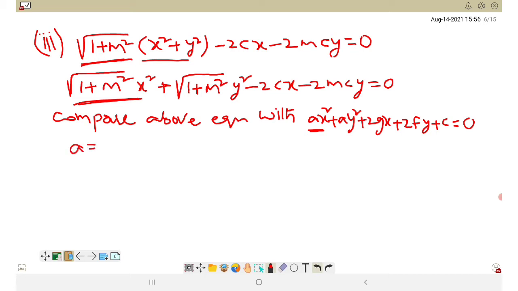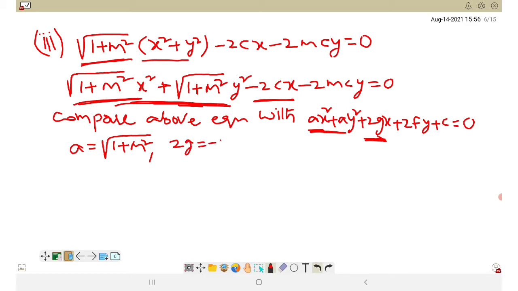Small a is the x square coefficient, and the y square coefficient is square root of 1 plus m square, so a is equal to square root of 1 plus m square. Here the x coefficient is 2g and here it is minus 2c, so 2g is equal to minus 2c, and g is equal to minus c.